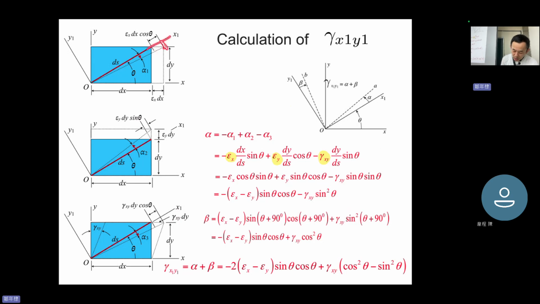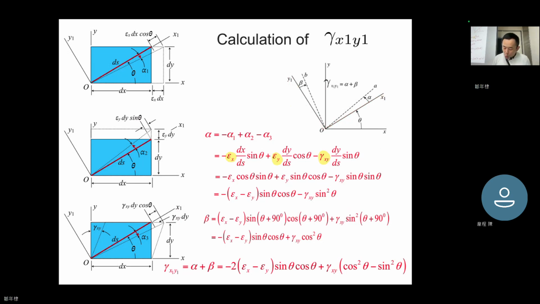The rotation angle here is now our focus. Also, you need to be careful. This is x, this is y, and this is x1, this is y1, right?